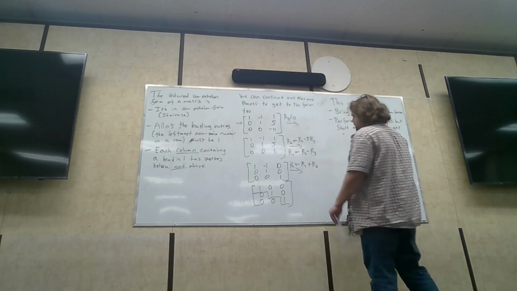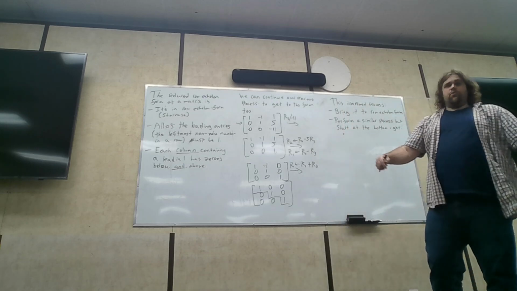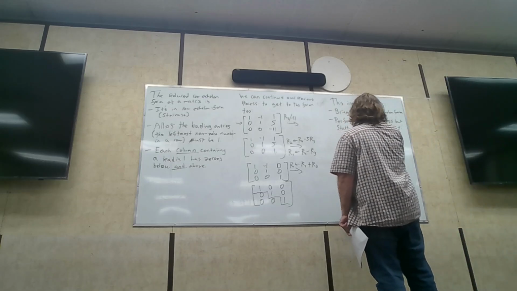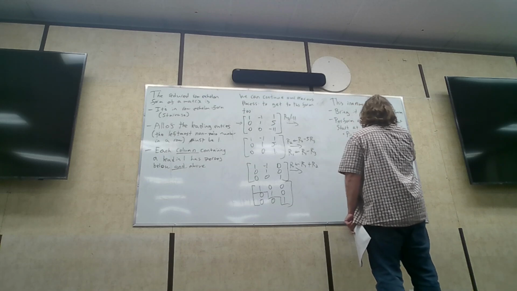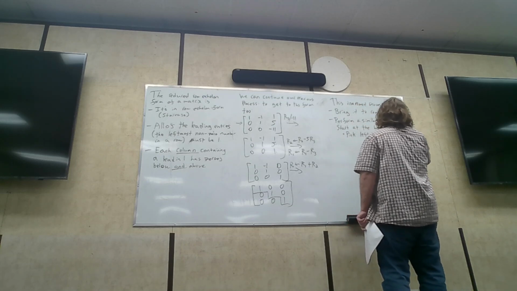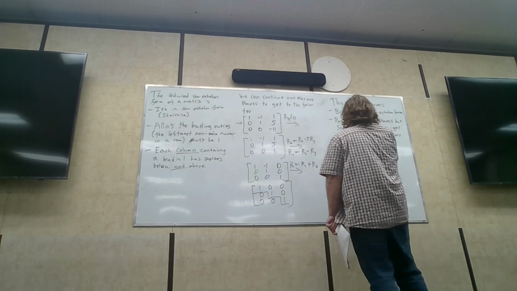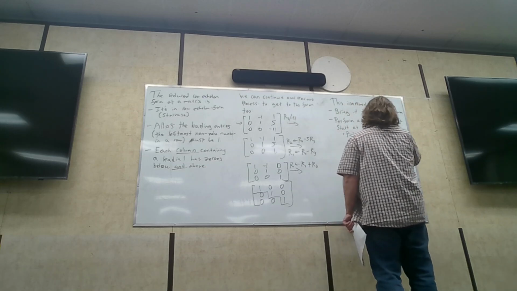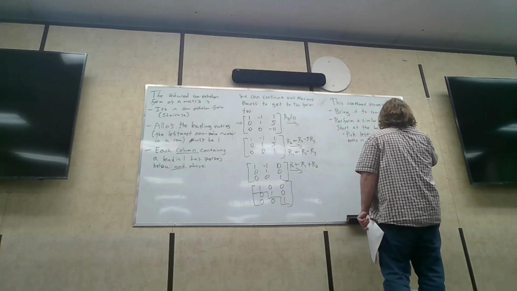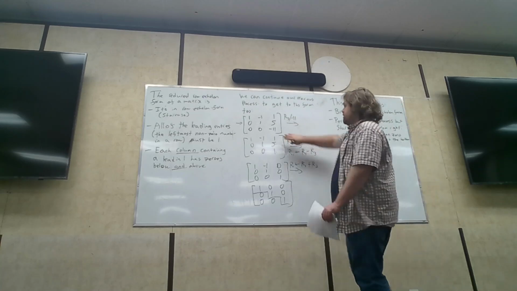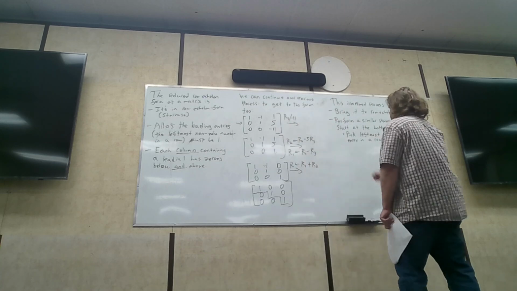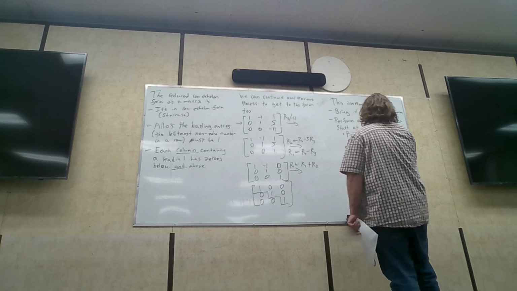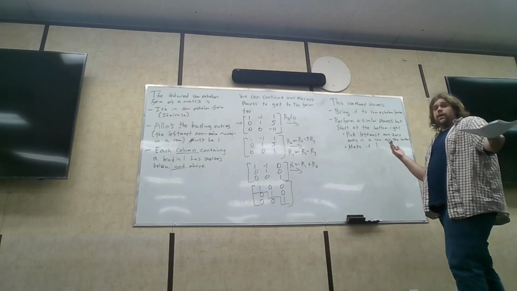So that means pick the leftmost non-zero entry in a row at the bottom. So in this case, there, make it 1. And that's easy to do. You just divide by whatever that number is.